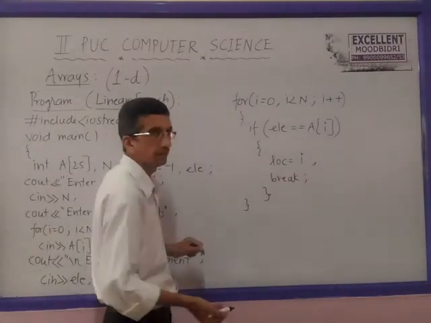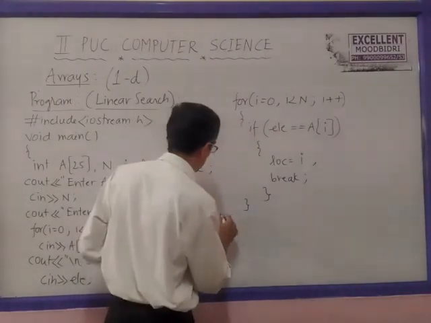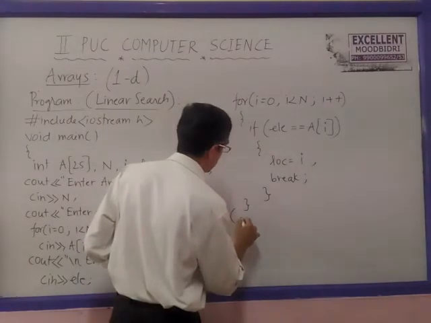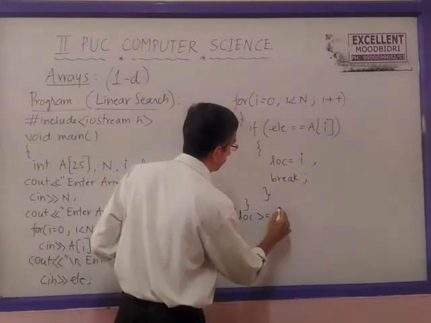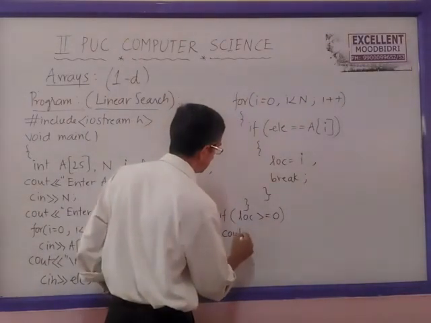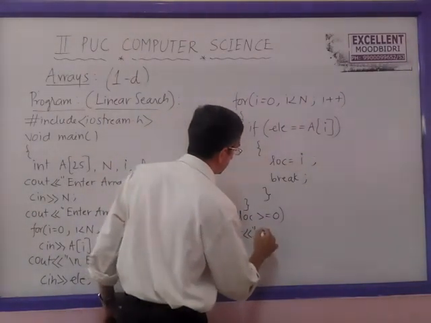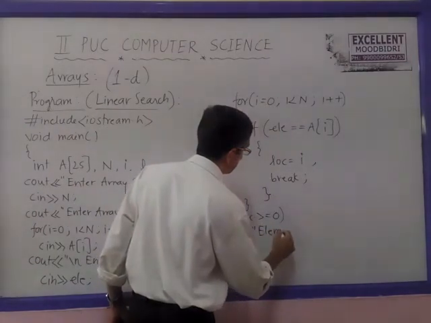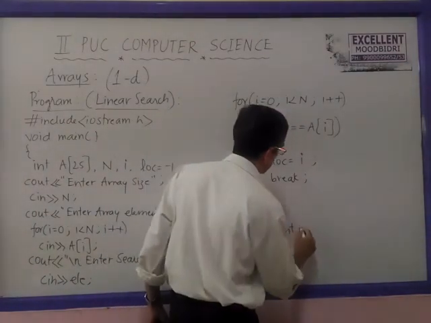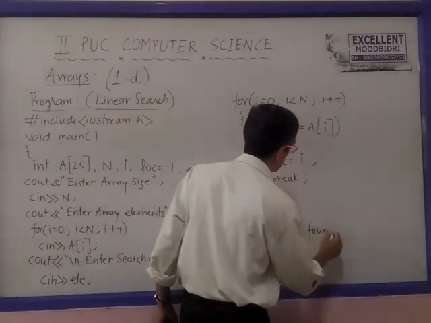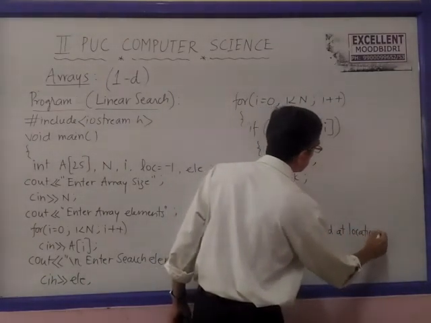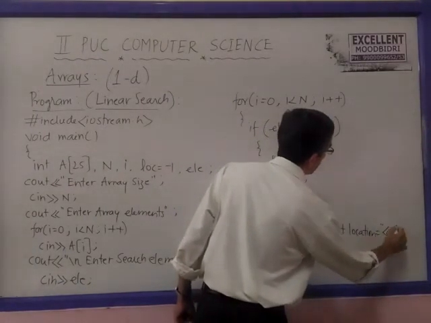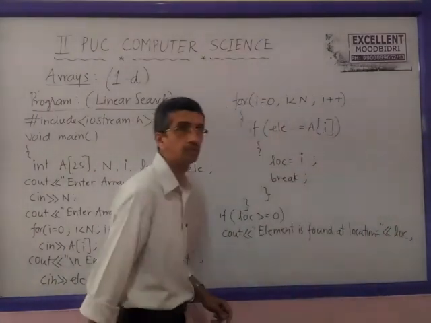Next, after that, using if: if location is more than or equal to 0, then display "Element is found at location", location equal to LOC, and display the location.